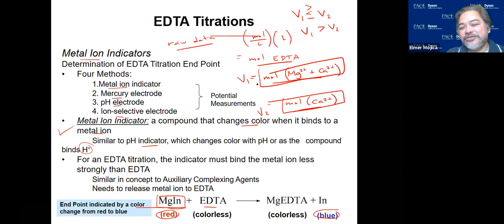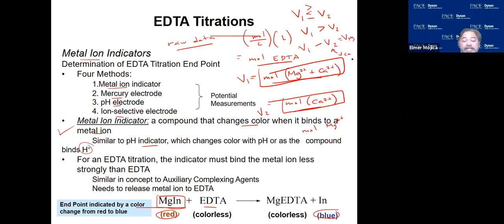Because for B1, you're going to get the volume, or the moles, of both the magnesium and the calcium. For B2, you get the calcium. So how do we get the moles of the magnesium 2+? We could say B1 minus B2 will give you the volume of your magnesium, because B2 is the volume of your calcium.